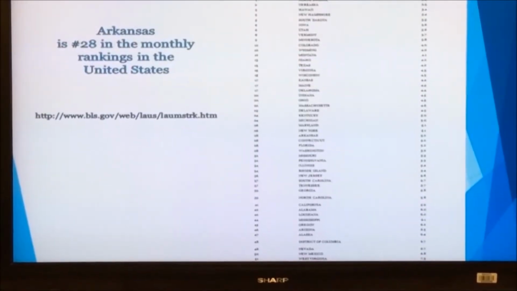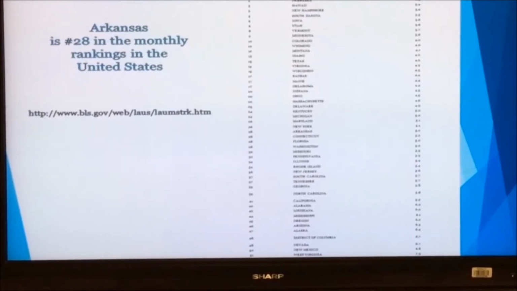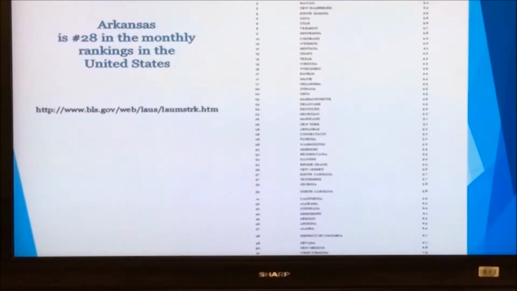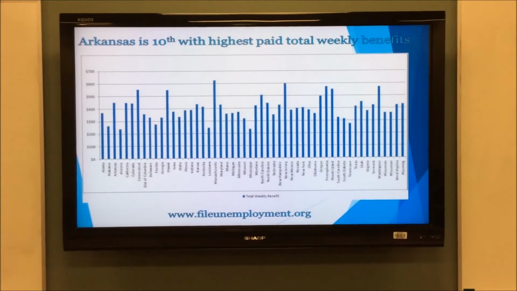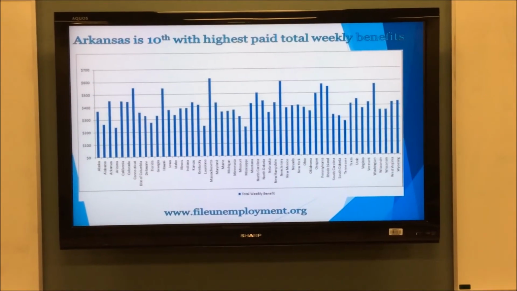Arkansas is number 28 in the monthly rankings in the United States with a rate of 5.1 unemployment. Many of you didn't know, but Arkansas is 10th with the highest paid total weekly benefits.